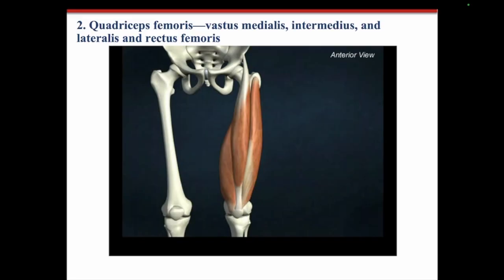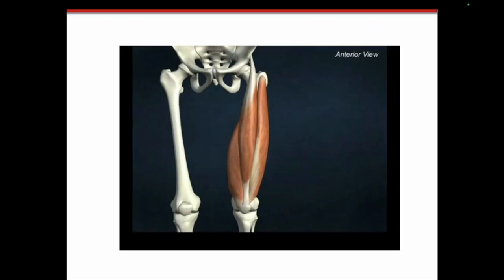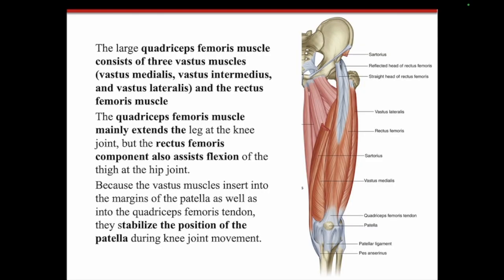The quadriceps femoris has four components: the vastus medialis, intermedius, and lateralis, and the rectus femoris. There is a certain difference, but we don't have to worry too much about it. These are mainly extensors of the leg at the knee joint. The rectus femoris comes a little more from above, from the hip, so it will also assist in flexion of the thigh at the hip joint.